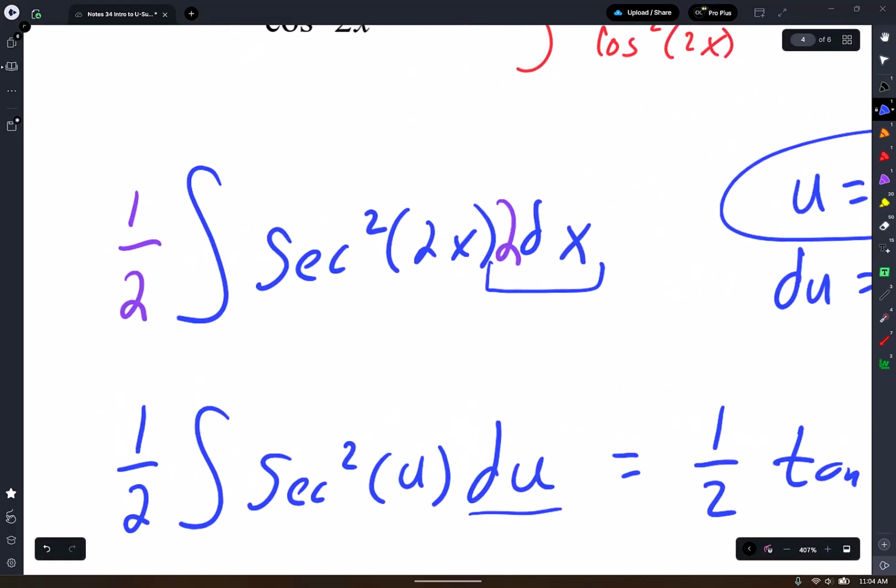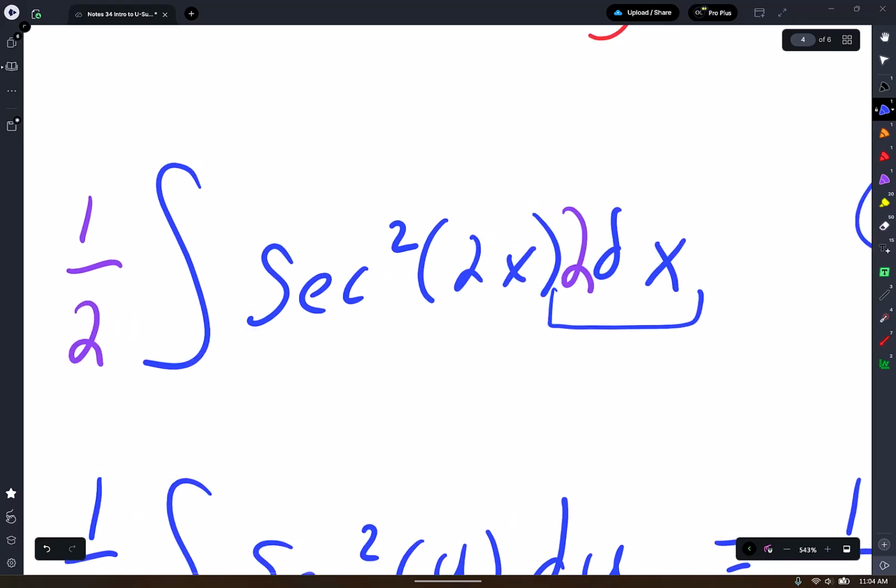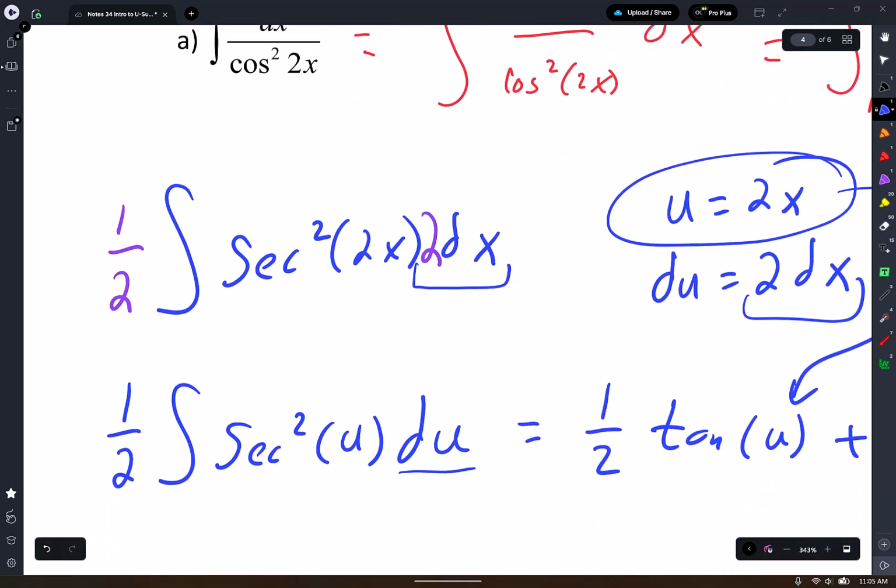So like, let's say I'm stuck right here. And you're like, man, what's stopping me from doing that antiderivative? Well, I know what secant squared is, but there's a 2x in there. I guess I need to make the u a 2x. You're not going to make the u equal to secant because the derivative of secant is secant x tan x, and I don't have a tan x in there to help me with my du. Does that make sense?